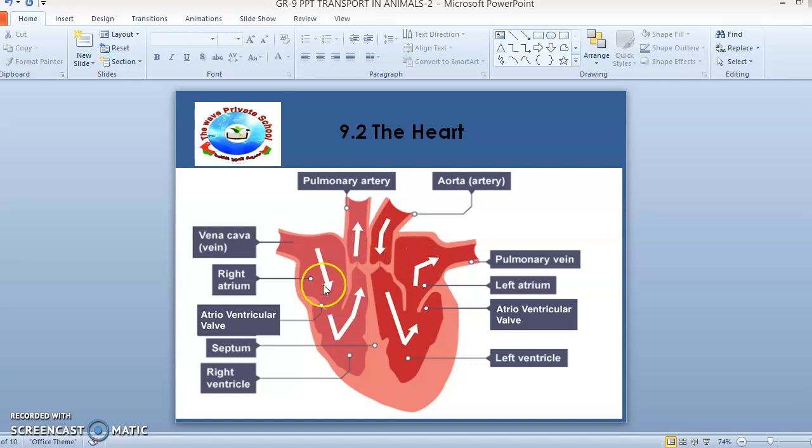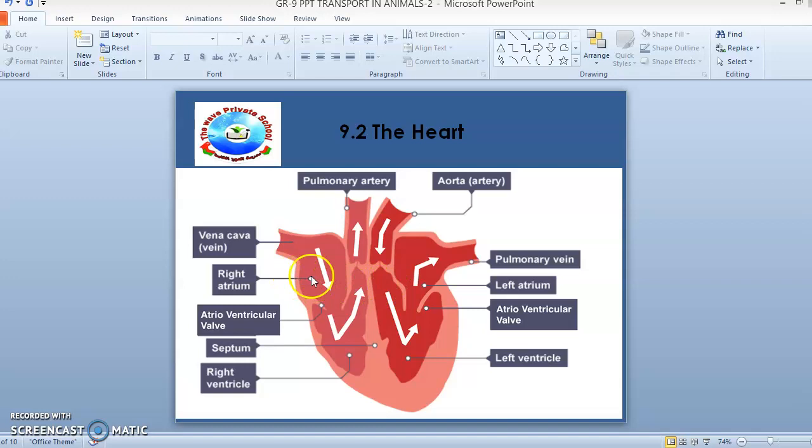If you see the structure of the heart here, the blood flows into the heart at the top, into the atria. Both atria receive blood. The left atrium receives blood from the pulmonary vein, which comes from the lungs.